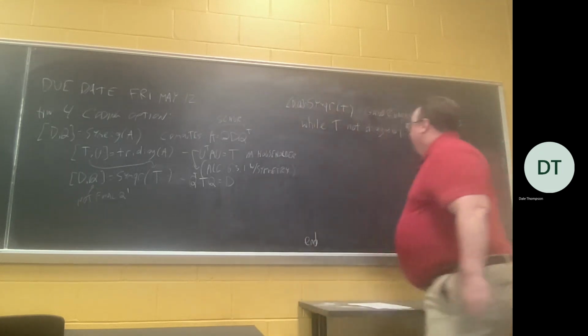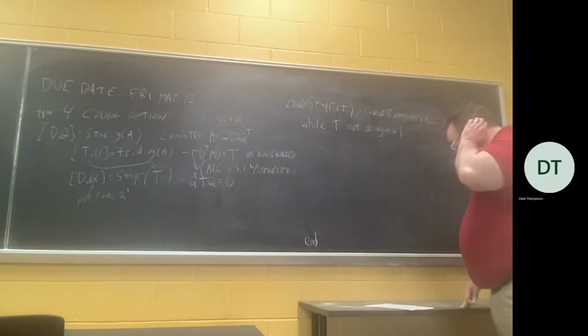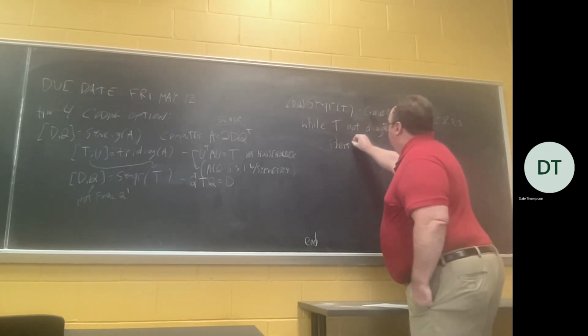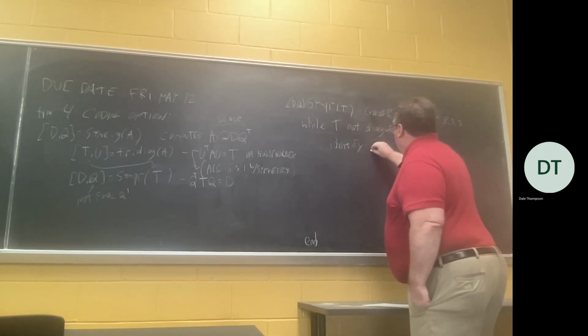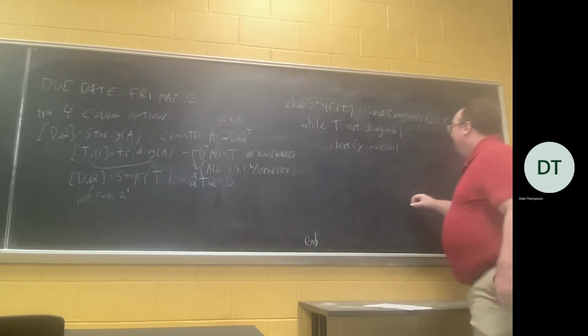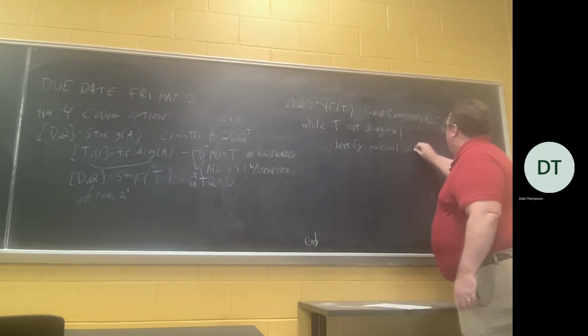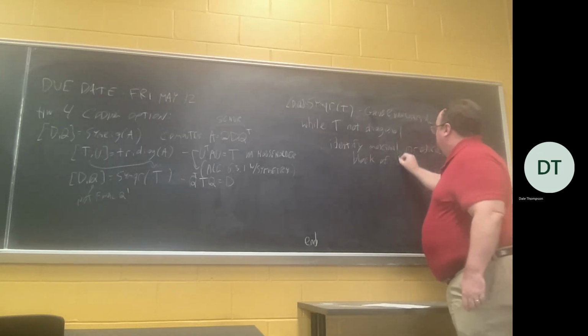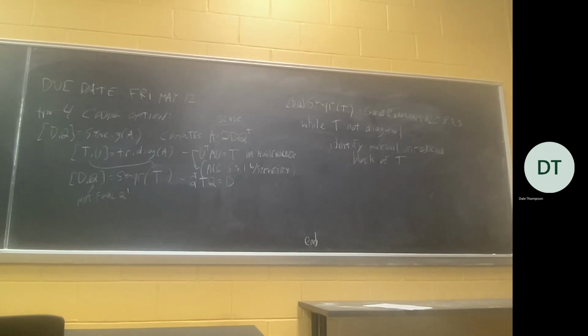And how you're going to do that is to identify a maximal unreduced block of T. Okay, so the idea is T has a structure like this.